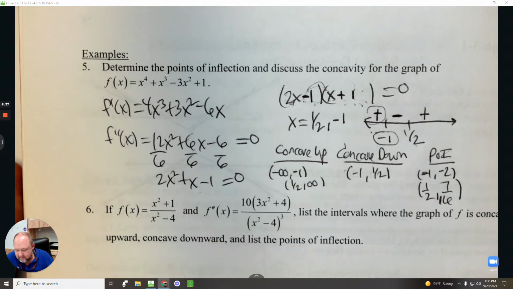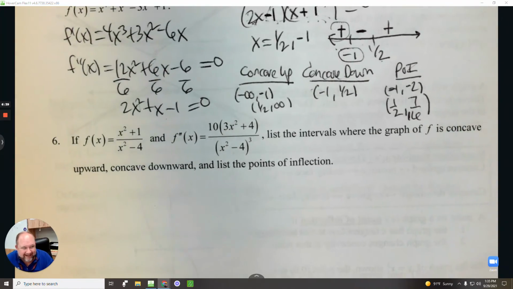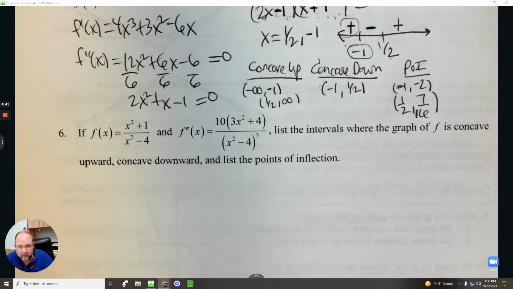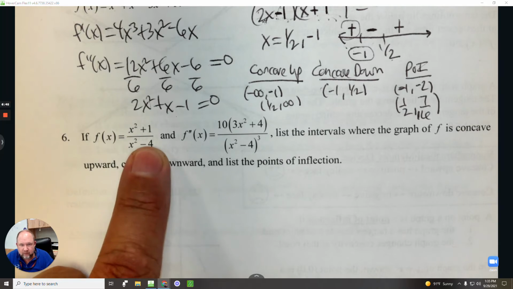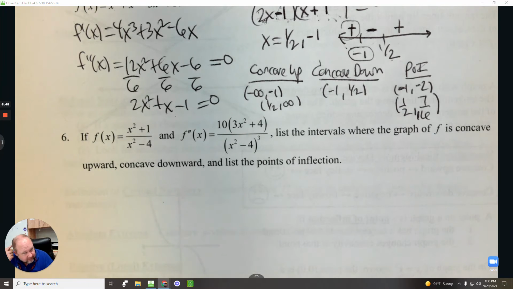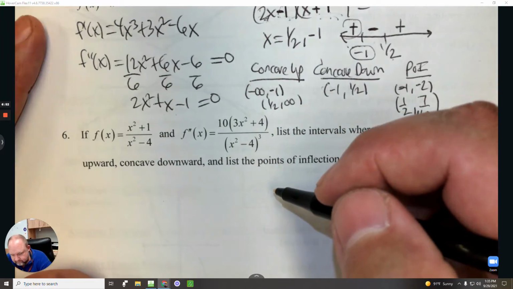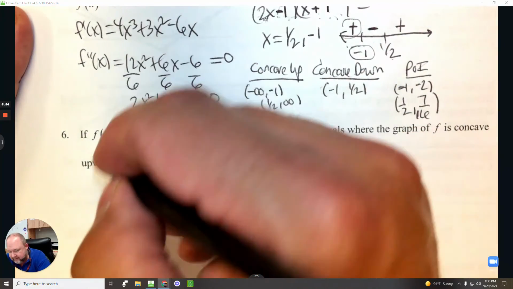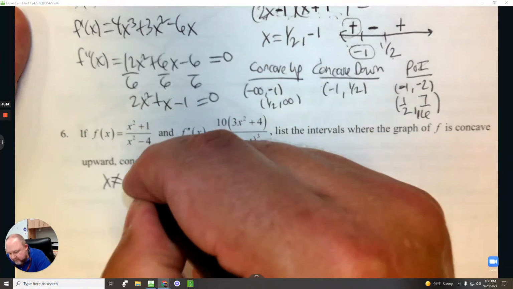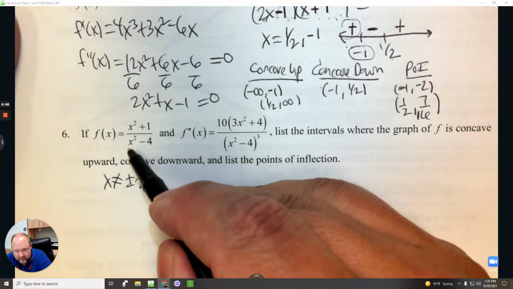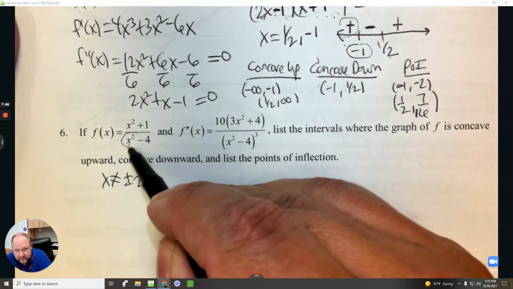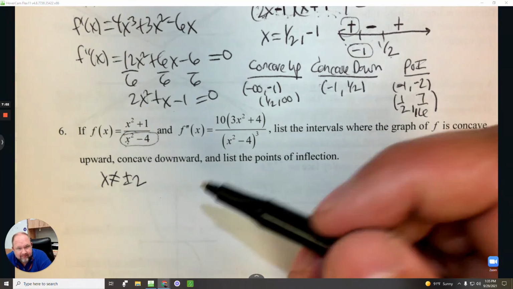All right, last one for doing this in terms of concavity, and then we're going to talk about the second derivative test. So here we have x squared plus 1 over x squared take away 4, and we have the second derivative. First of all, I need to know the domain restrictions. The two numbers x cannot be are positive 2 and negative 2 because they make the denominator 0.